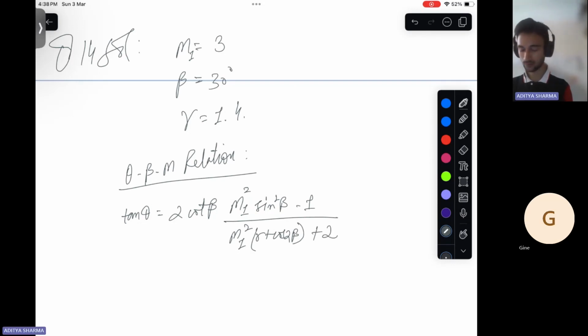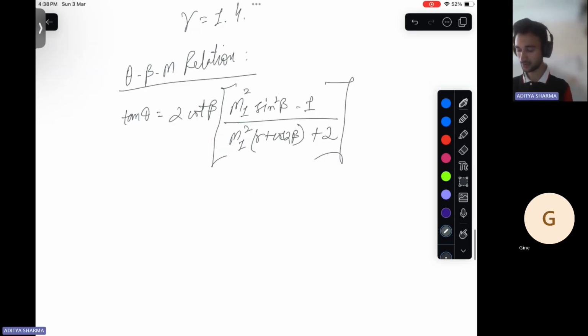Please check this expression if this is right, because I have solved based on this expression only. So now we are going to find this, right? Yes, please solve this. I'm also solving this.